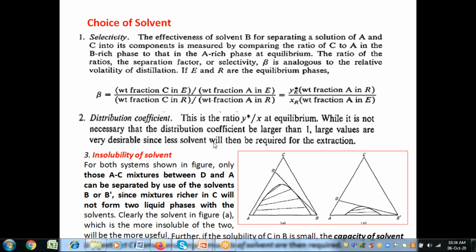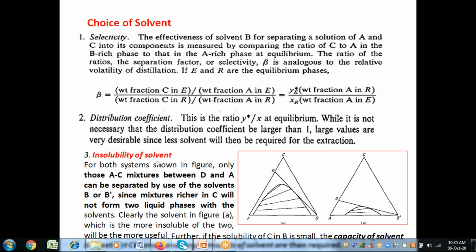But if the distribution coefficient is very high and it consumes very less, but the cost is very high, then there is no necessity of choosing that particular solvent. So the distribution coefficient parameter also will help us to take a decision whether you can use that solvent or not.